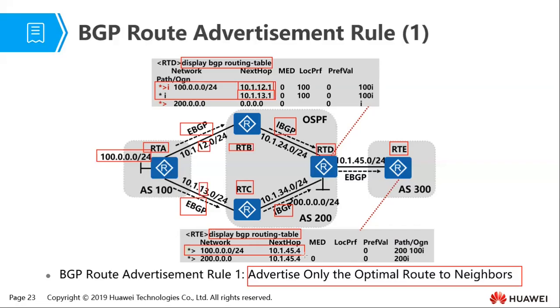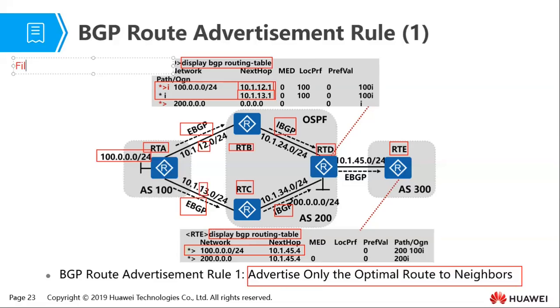Now, how does it know which one is optimal? It looks at a number of parameters which we are going to look at shortly. But in the meantime, let me describe a number of things that are on the BGP routing table.